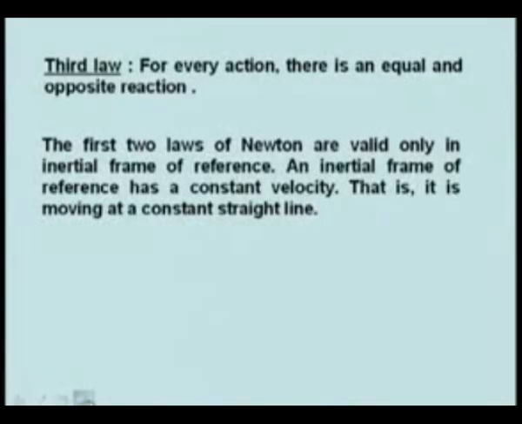Therefore, we know the earth is an inertial reference frame as far as our design of machines is concerned. Now, any frame of reference, like a cart moving in a straight line with constant velocity, can be considered an inertial frame of reference. So this is an inertial reference frame.